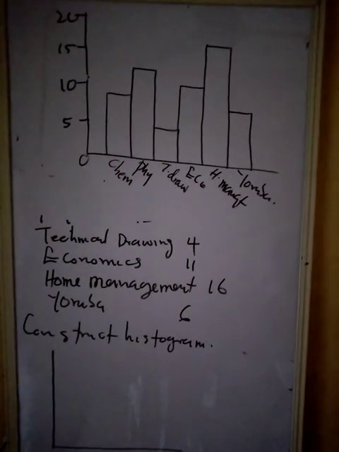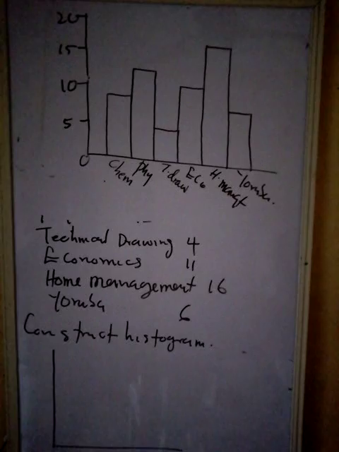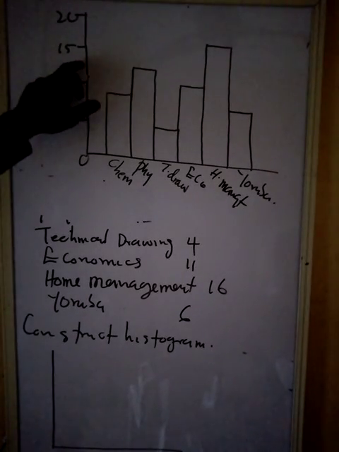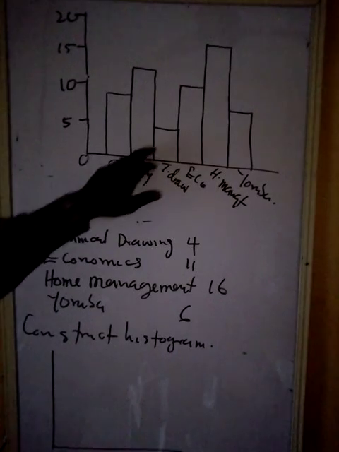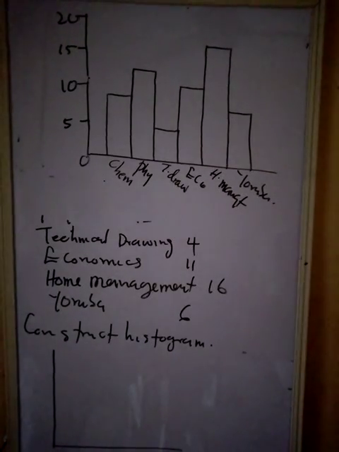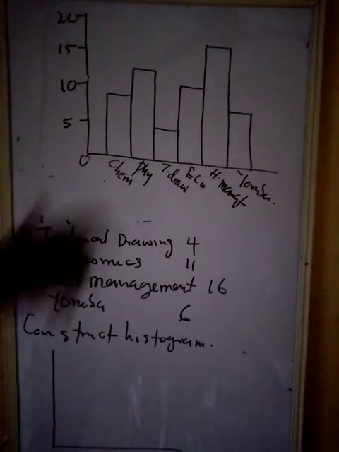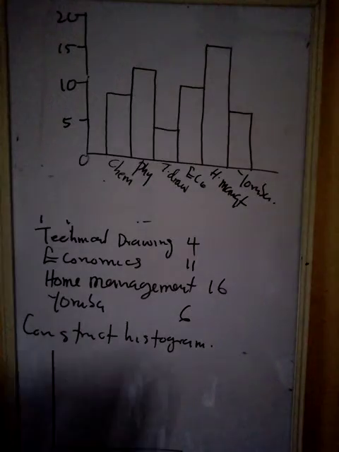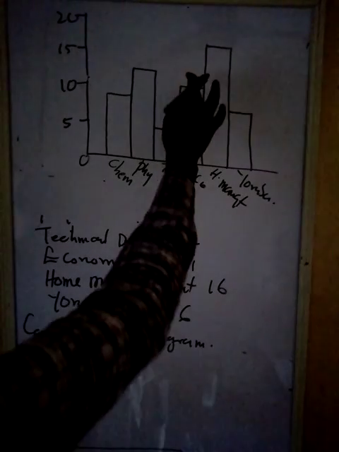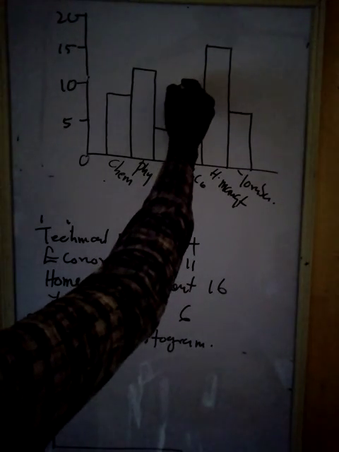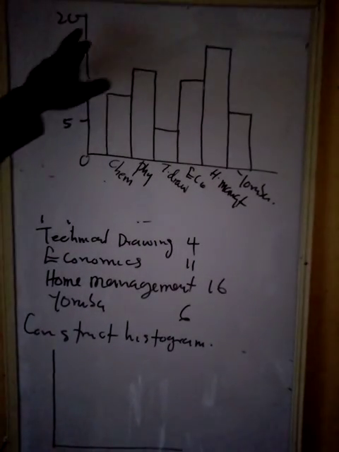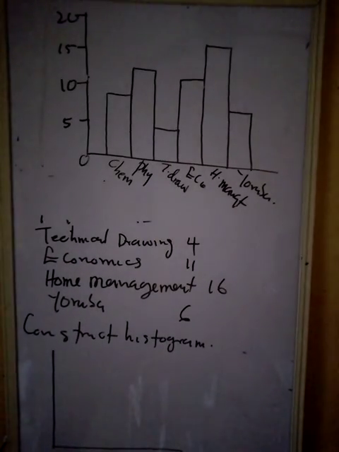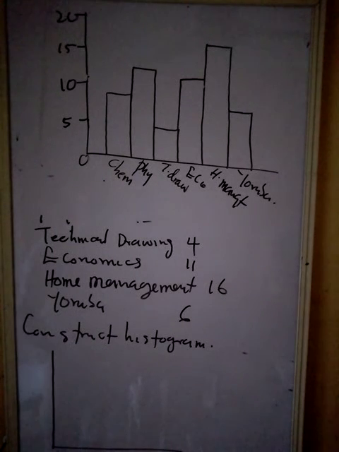Then our physics is 12. Our technical drawing is 4. While our economics is 11, this is 11 after 10. So our home management is 16, and then our Yoruba is 6.